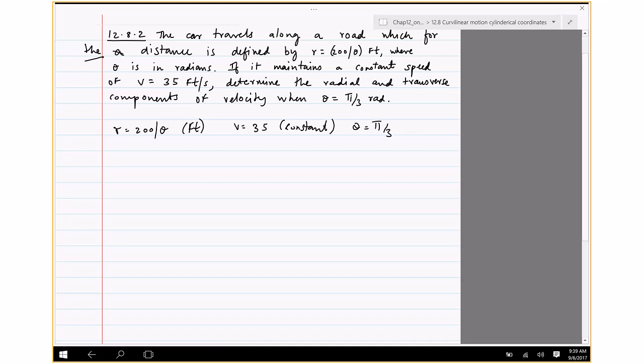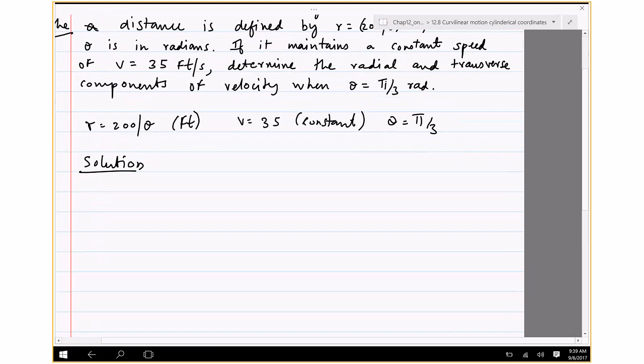Okay, so the radial is clearly r and transverse is theta. Let me write the velocity vector first. It's v_r u_r plus v_theta u_theta, where clearly v_r and v_theta are the radial and the transverse components. So v_r is r times theta dot.